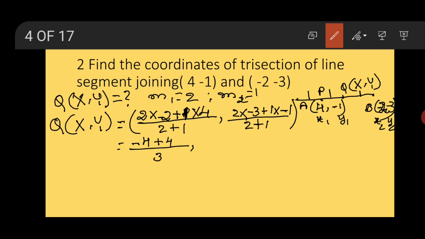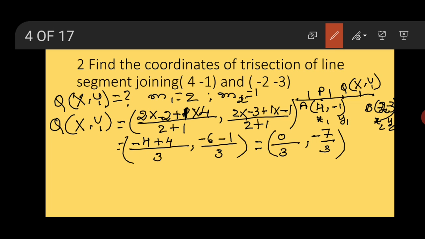Simplify again, you will get: 2 2s are minus 4, plus 4 1s are 4, divided by 2 plus 1 is equal to 3. Here 2 3s are minus 6, minus 1 1s are 1, divided by 2 plus 1 is equal to 3. Simplify again.